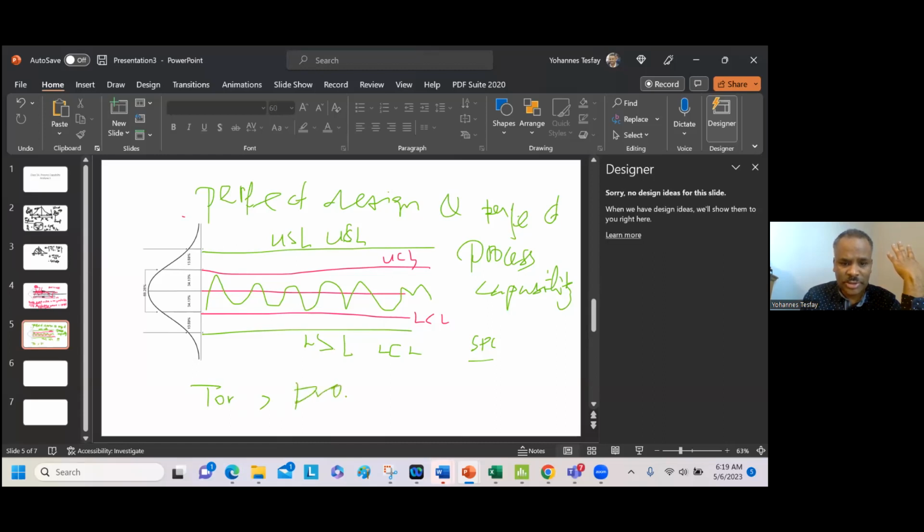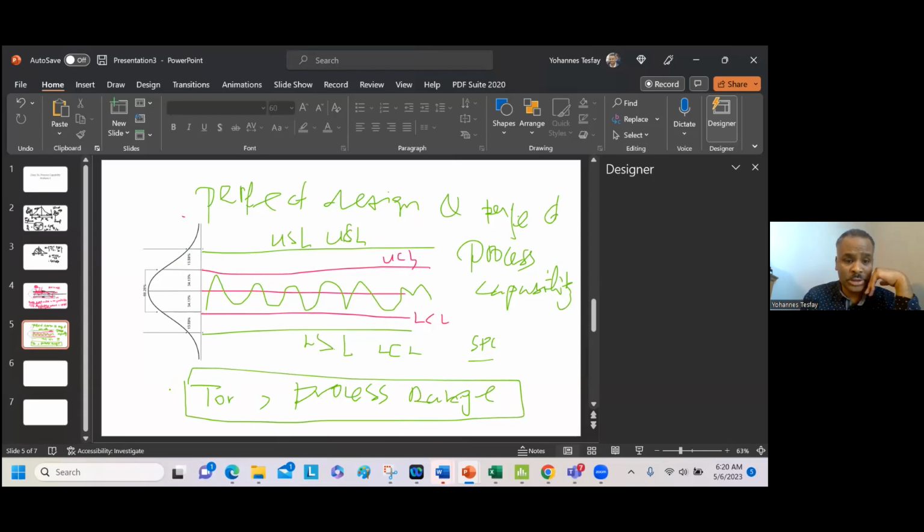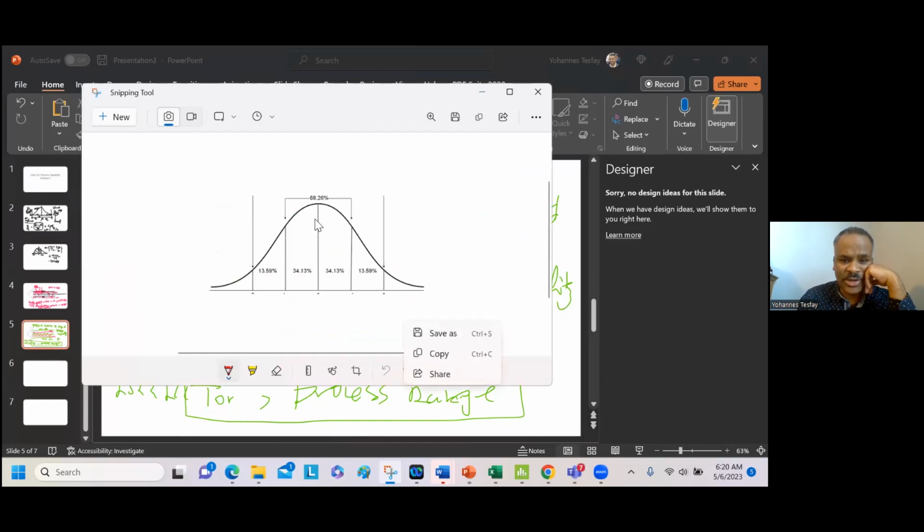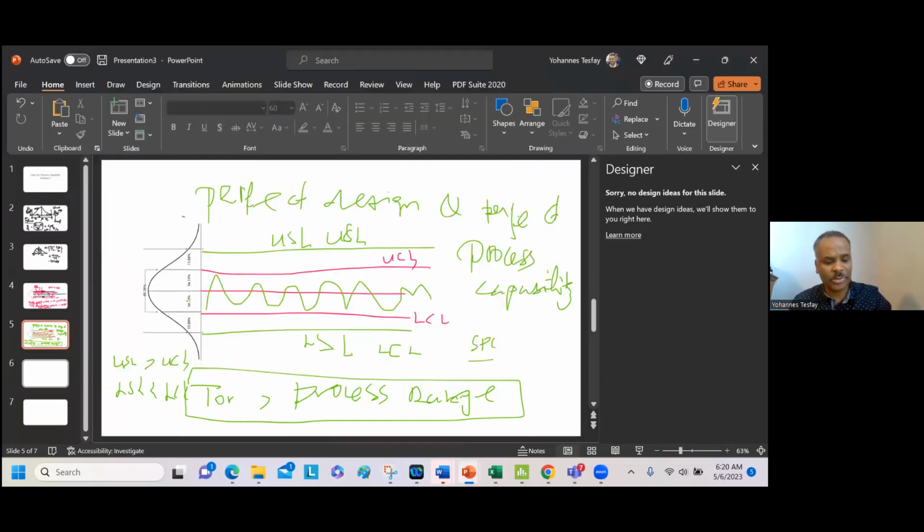Tolerance should always be greater than process range. The upper specification limit should be greater than the upper control limit, and the lower specification limit should be less than the lower control limit. This is what we want. That is a perfect process.